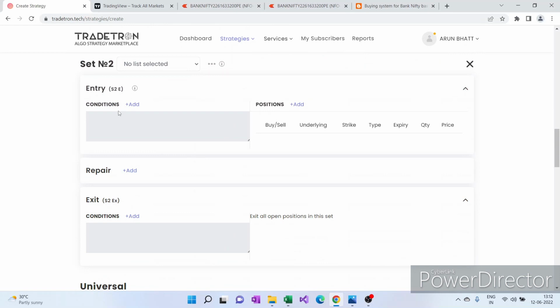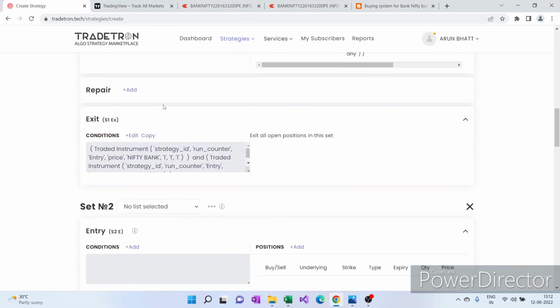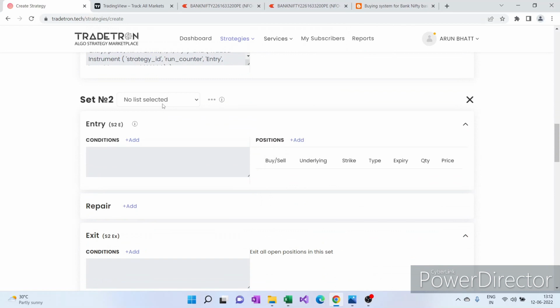Now set 2 will be used to take an entry in C. We have to remember that we have to take the entry after 11 o'clock, when the range between 9:30 and 10:59 is broken.